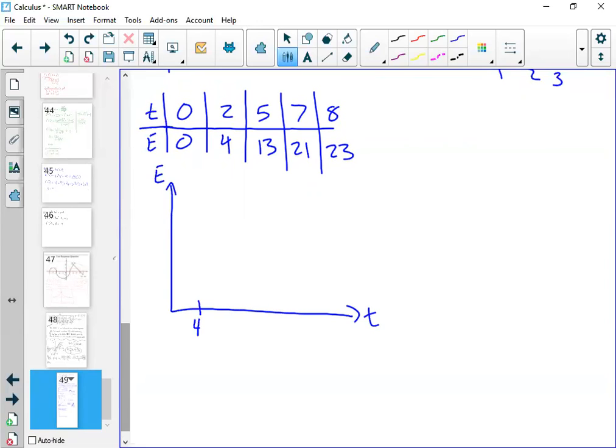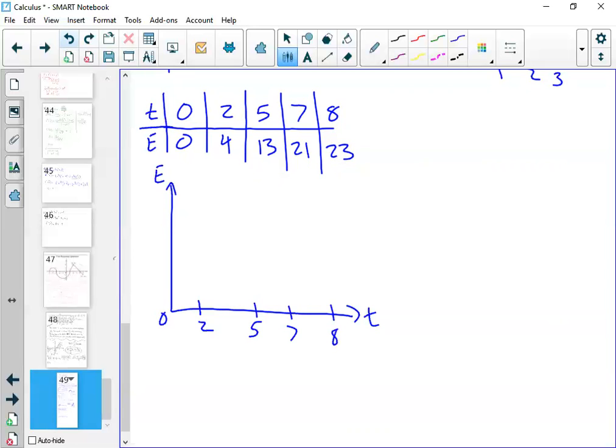The next one is a 13. Sorry. The first one is not a 4. The first one is a 0, and then a 2, and then a 5, and then a 7, and then an 8.